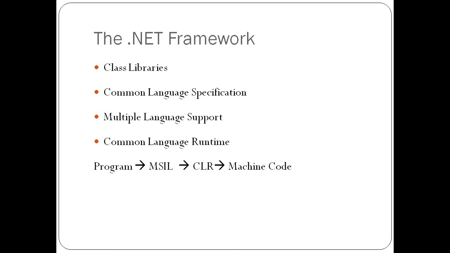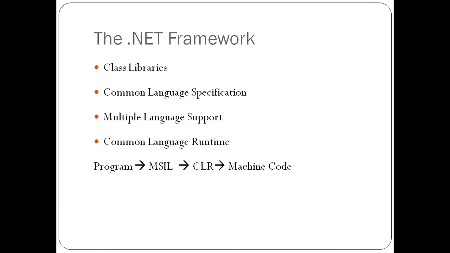This is how the .NET Framework converts your code into machine code. First, your code will be converted into MSIL, which is known as Microsoft Intermediate Language, and then CLR converts MSIL into machine code. And all this will be handled by Common Language Runtime.